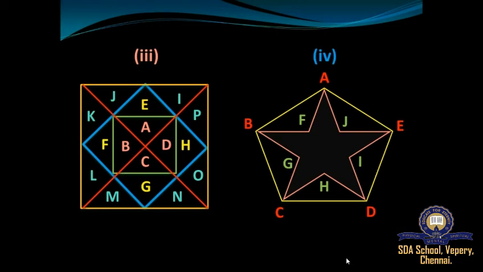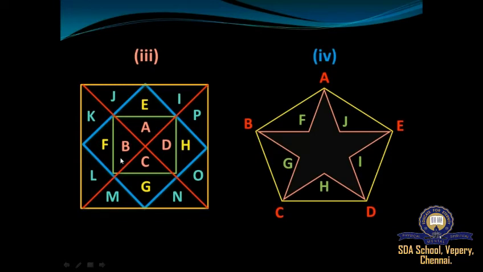Now we'll move on to the third subdivision. Similarly, you are supposed to find out the number of triangles in these figures. First I have marked the alphabets for my convenience. Every part A, B, C, D, E, F, G, H, I, J, K, L, M, N, O, P forms 16 different triangles.